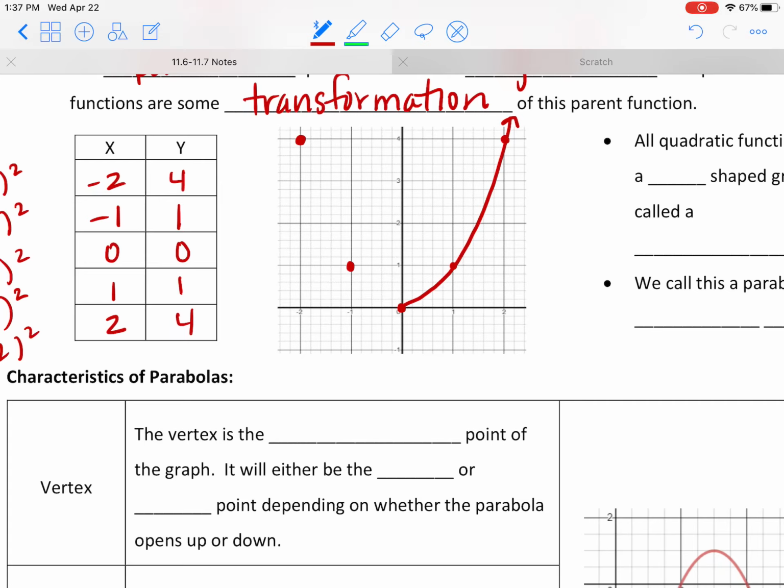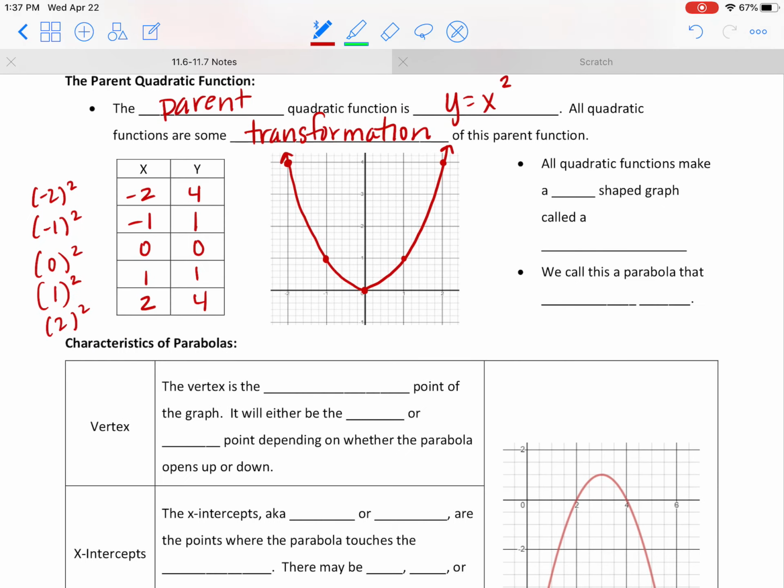So hopefully this is looking familiar, because I think we graphed a quadratic before. But we're seeing a U-shape form here, so we could keep picking x's, which means this graph will continue. Picking larger x's, we can continue, and picking smaller x's, this graph will continue this way as well. So all quadratic functions make this U-shaped graph, and we call it a parabola.